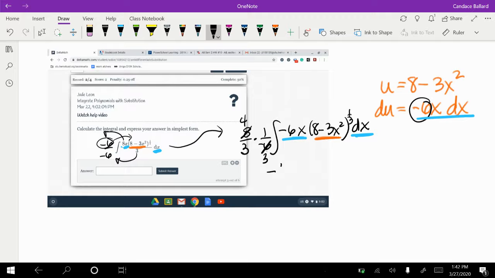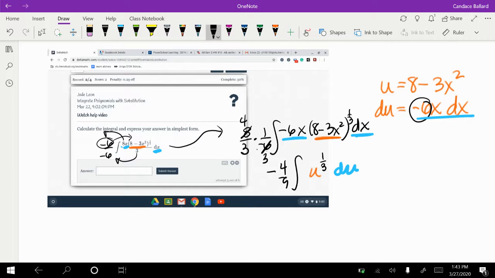So I've got -4/9 out front from the negative right there. And then my u is the 8 minus 3x squared, and that's to the 1/3 power. And then for the du part, I'm substituting du for -6x dx.